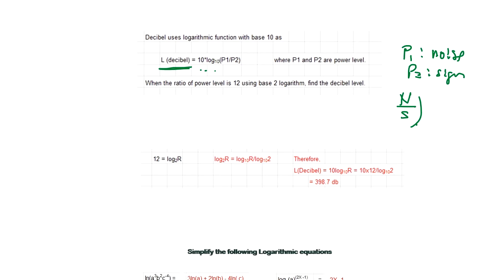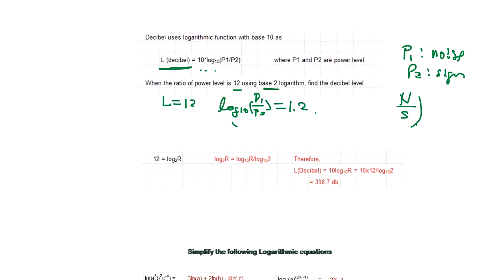When the ratio of power level is 12 using base 2 logarithm, find the decibel level. Okay, so how do you change to base 2? Say decibel is 12. So log 10 P1 over P2 equals 1.2, right?